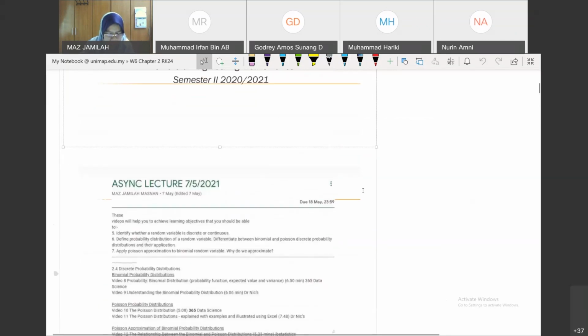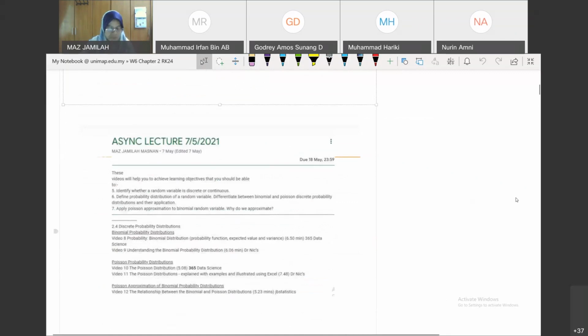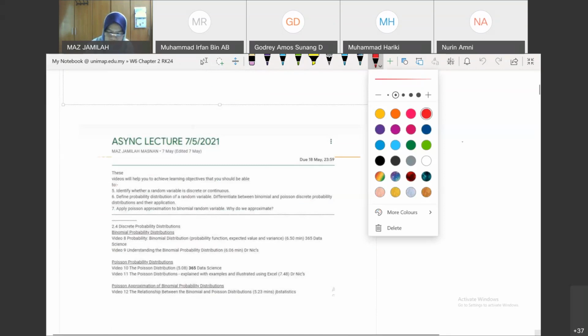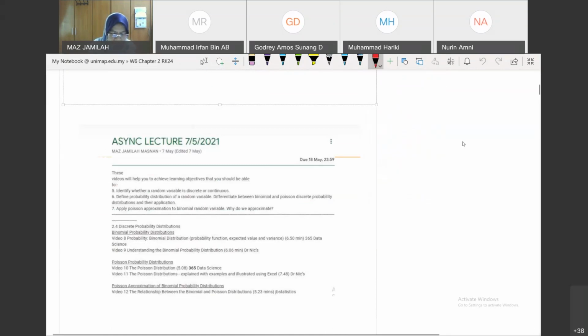Basically, the learning objectives: first, identify whether a random variable is discrete or continuous. Second, define the probability distribution of a random variable.